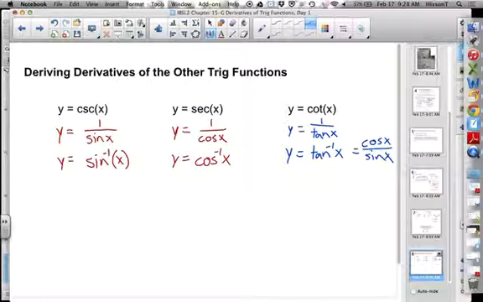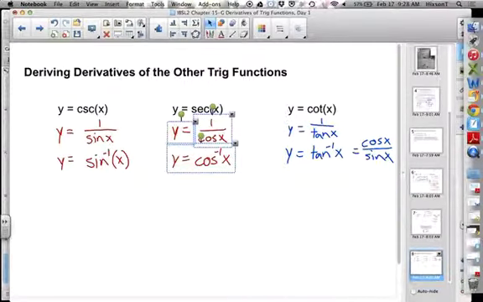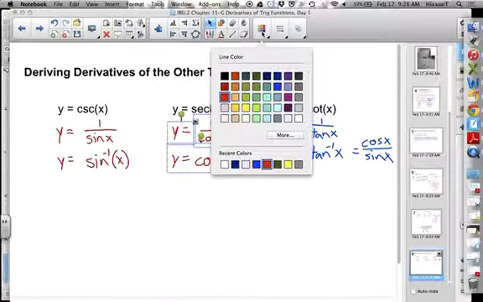So take a few minutes here. I want you to see if you can derive our other 3 trig function rules.